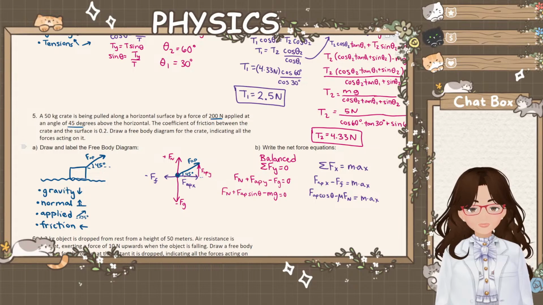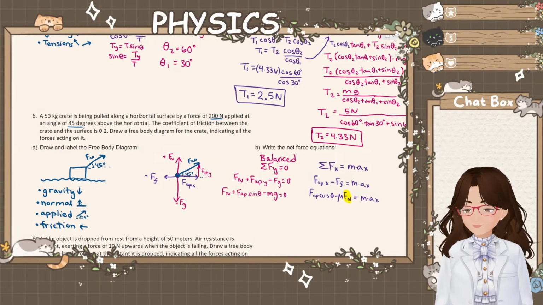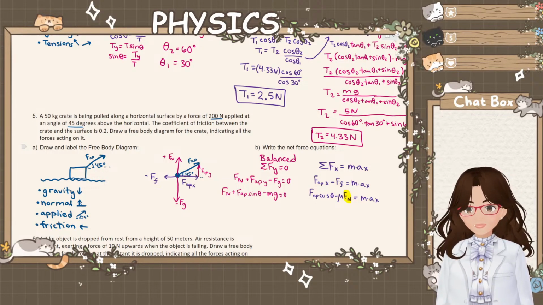Now, in order to solve for acceleration, we do need to solve for normal force. So that's going to be my first target here. My normal force is going to be equal to, I want to move the other stuff to the other side, the weight of the object minus the applied force times sine of theta.